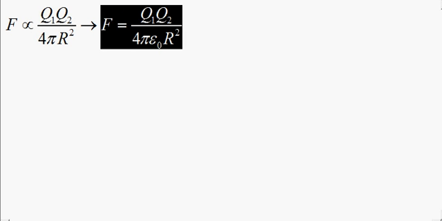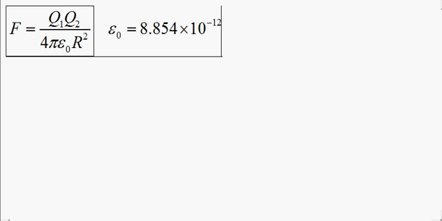I'm going to put a little box over it, and I should probably give the value of epsilon 0. It is found to be 8.854 times 10 to the negative 12th farads per meter, farads being the unit of capacitance.